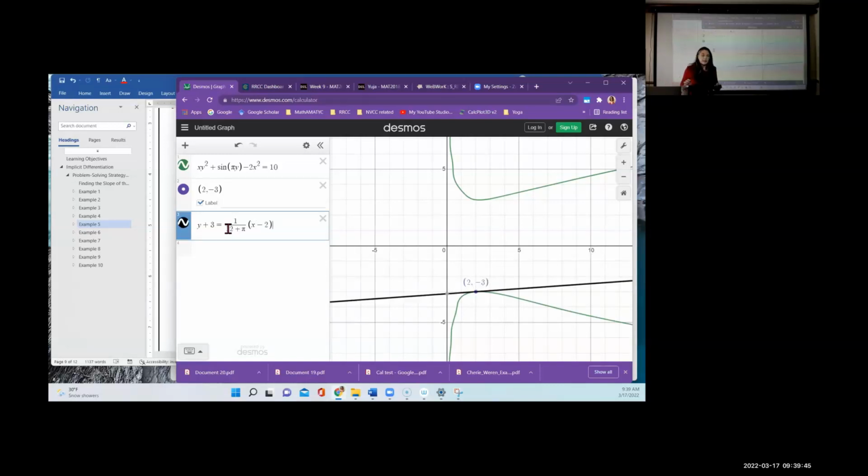And there it is. And you can see that it is in fact tangent right here. It's barely skimming the surface of this curve at that one point, which is kind of wild.